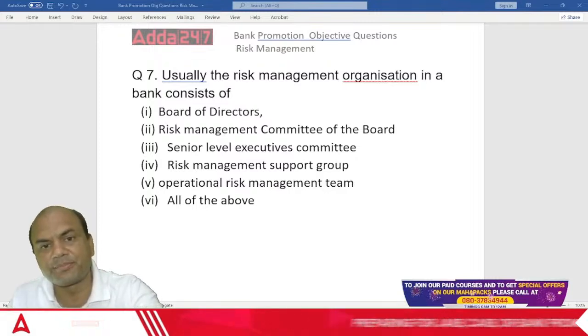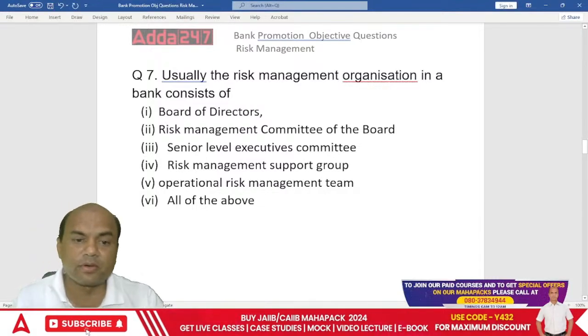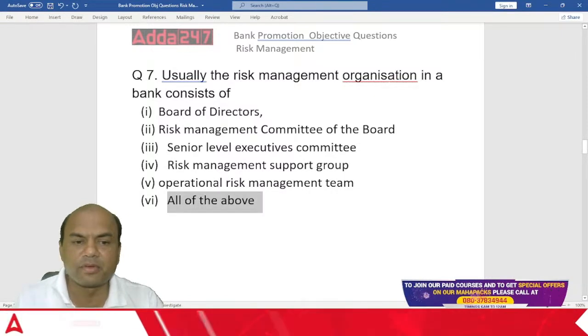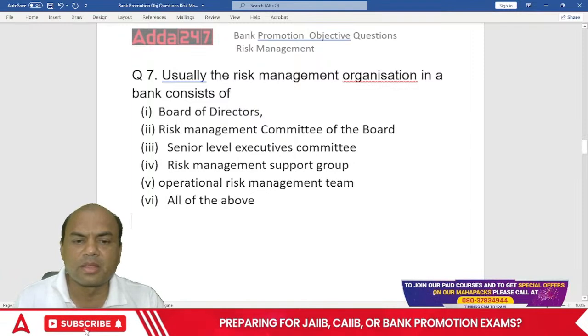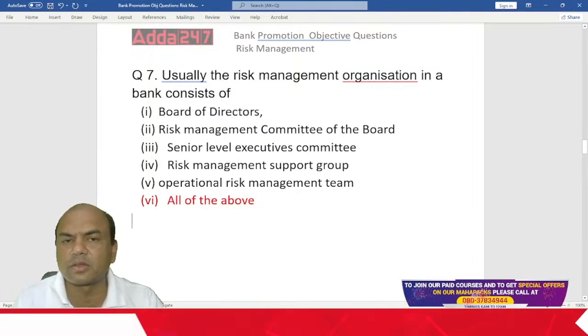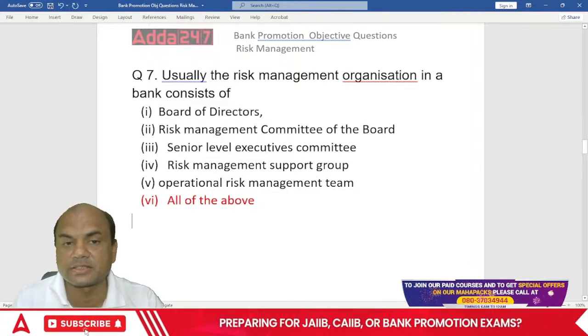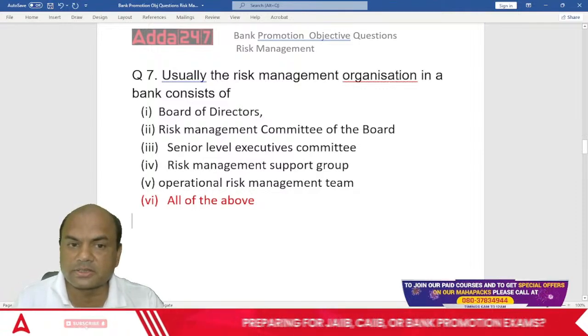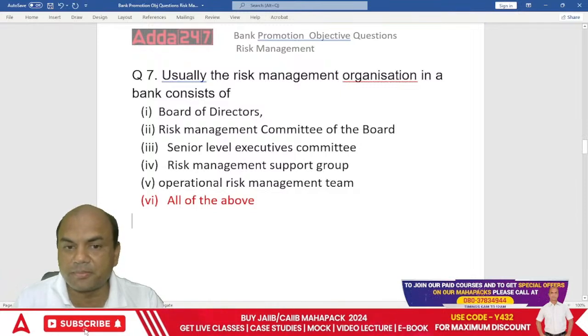The answer is all of the above. Correct. I'm seeing it in the comment section. Simple. Very good. All of the above is the answer because the risk management process in any bank will include all these. The sequence is like this. First it is the board of directors. Below it there is RMCB.